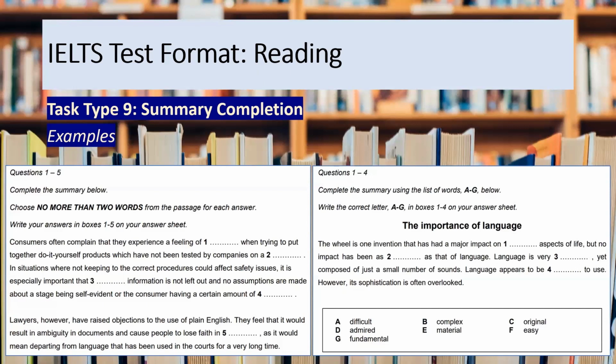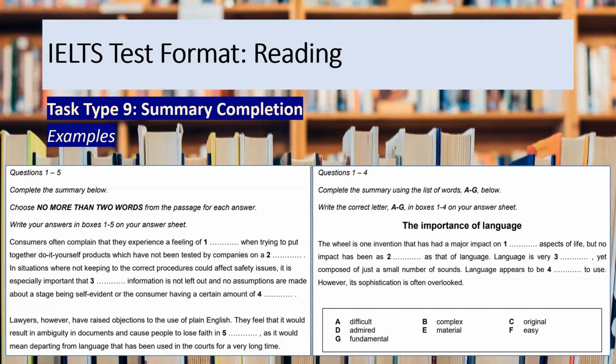How many questions are there? There are 4 questions and 7 choices. So it means that 3 of them will not be used.